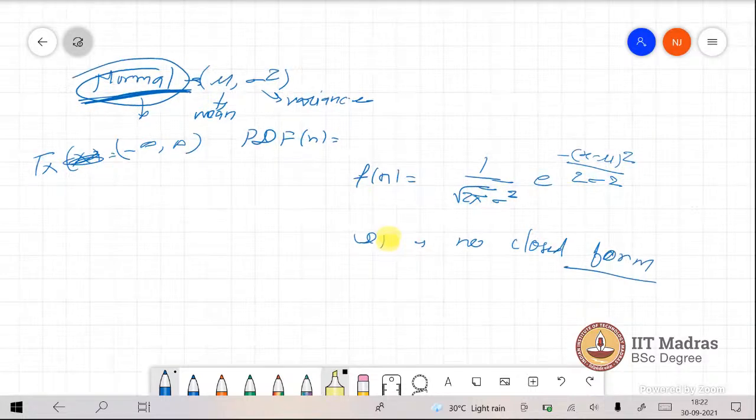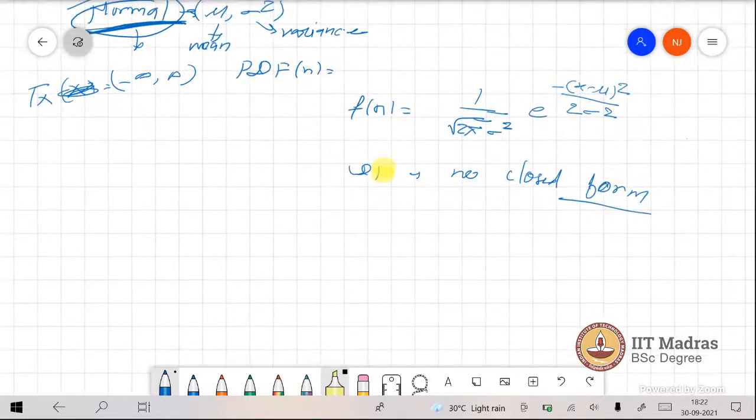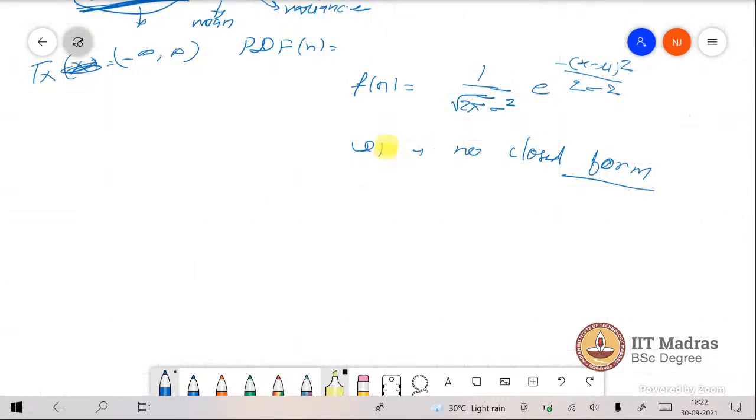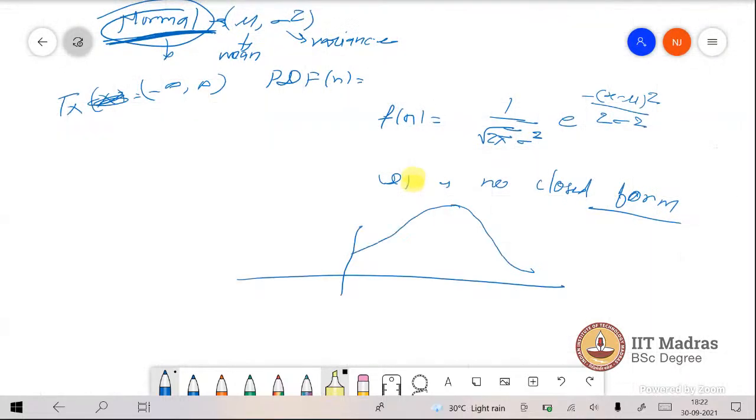So this is called normal mu sigma square, and the PDF of this curve is always symmetric around mu. Mu is the mean, and sigma square is the variance.